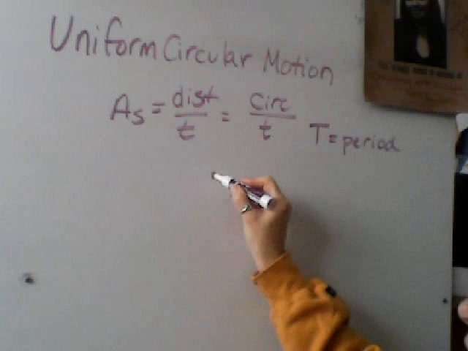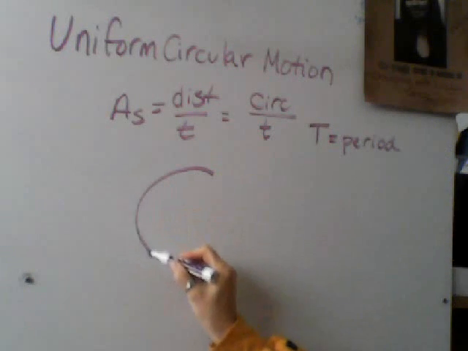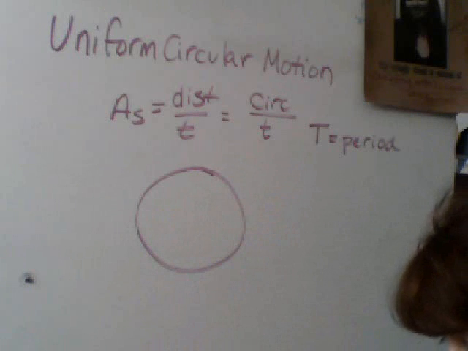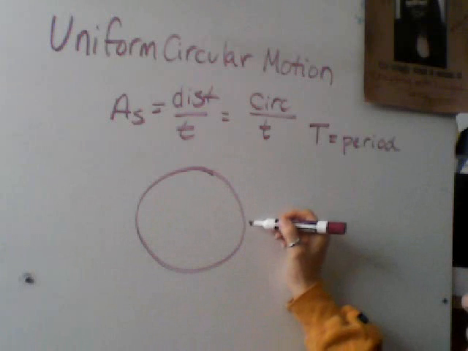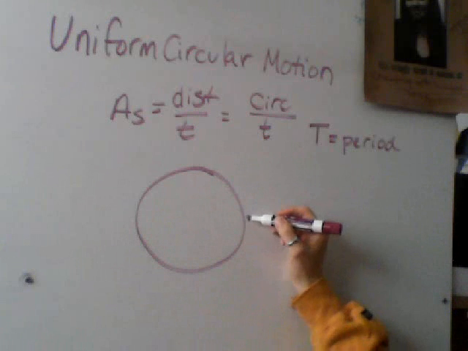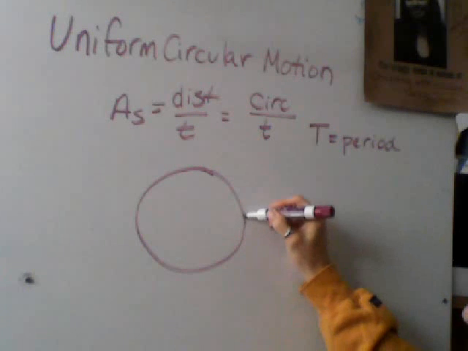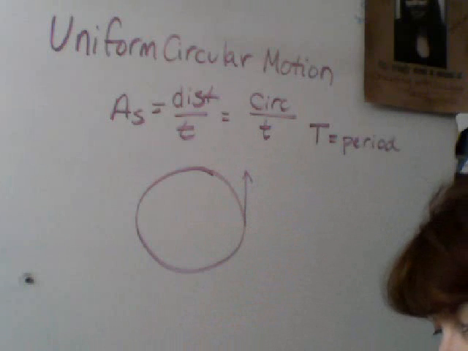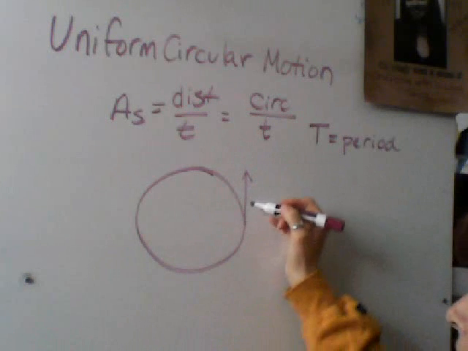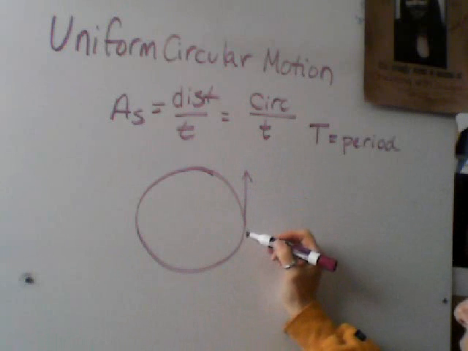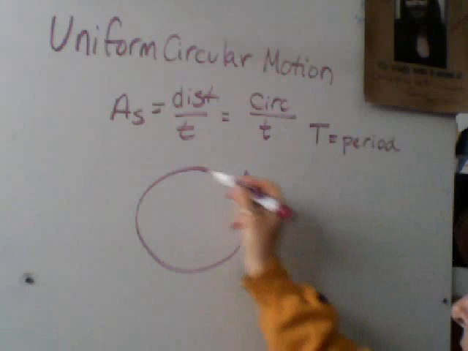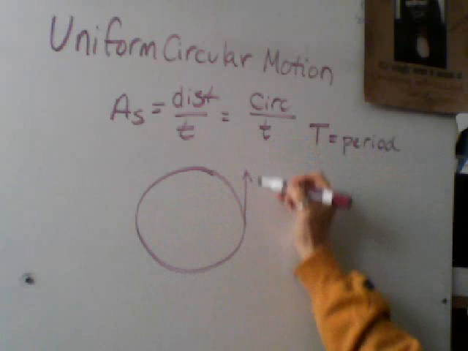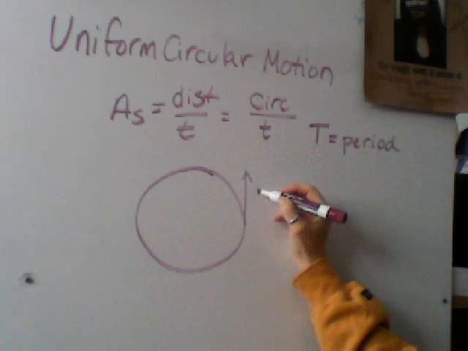So when something is moving in a uniform circular motion, its path can be traced as a circle. So we know that it has an acceleration because we know that although it's not changing speed, it is changing velocity. We know that if something were not acting on the object, it would continue in a straight path perpendicular to the motion.